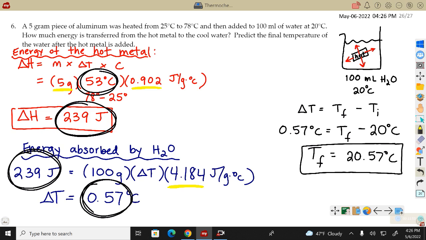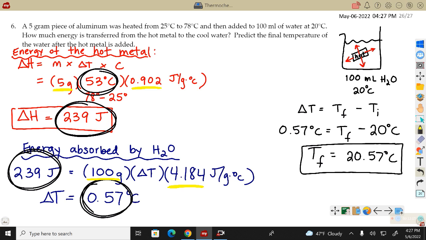So yeah, there's definitely a good amount of aluminum atoms present in the sample. But look at the mass of the water. 100-gram sample. There's just going to be a lot more molecules in this 100-gram sample of water compared to a 5-gram sample of the metal.